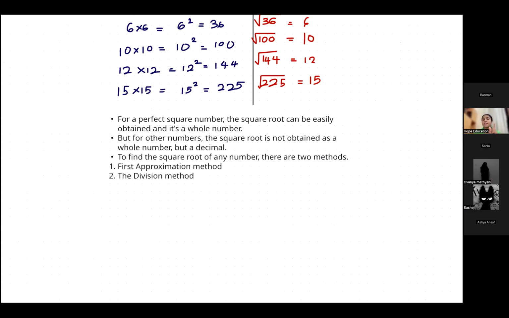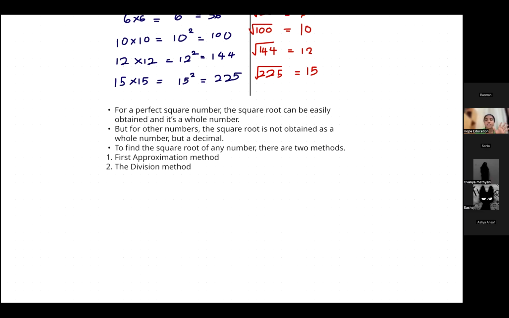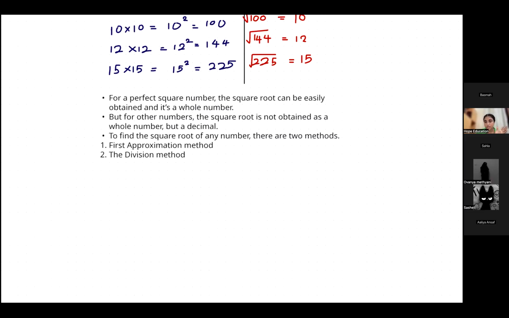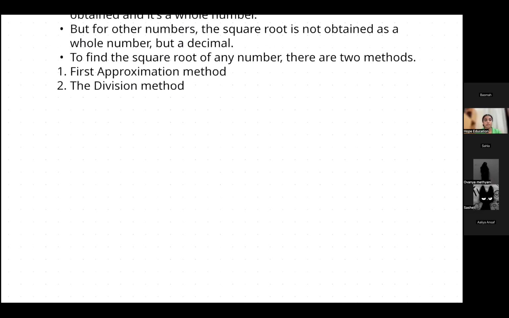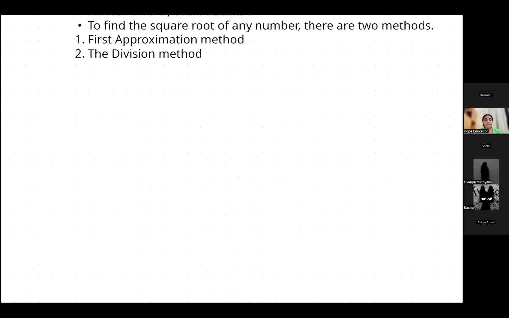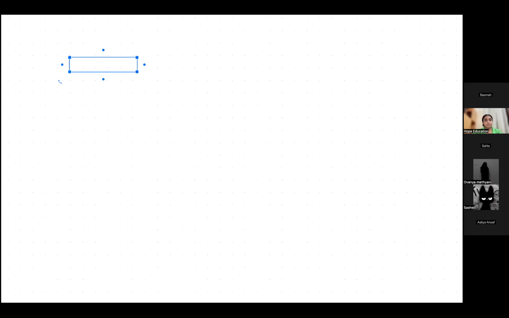So now you can see that the first method is first approximation method. Second method is the division method. Okay. First we will learn the first method. So the first method is called first approximation method. Put a subtopic first approximation method.